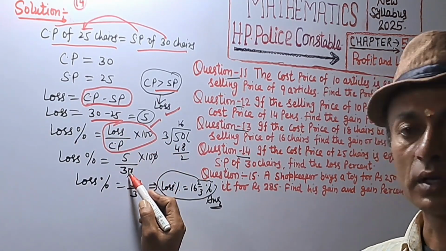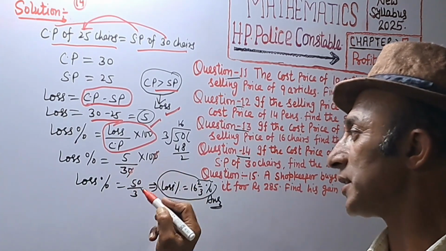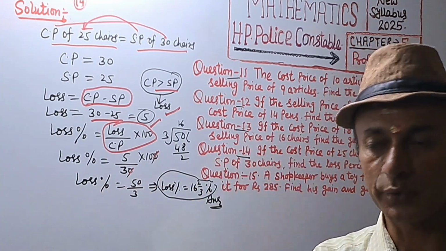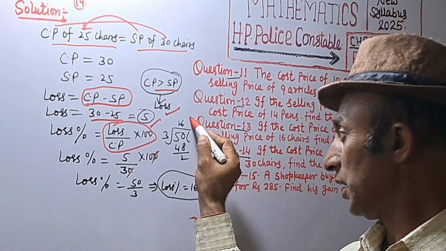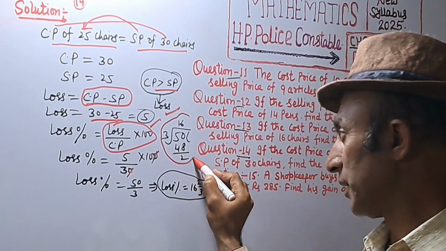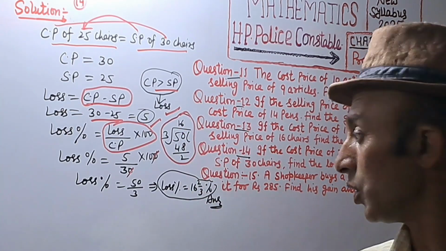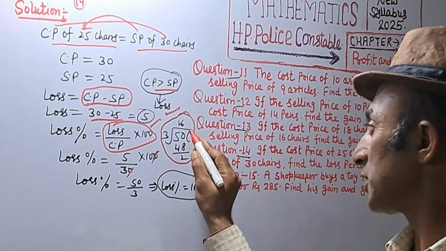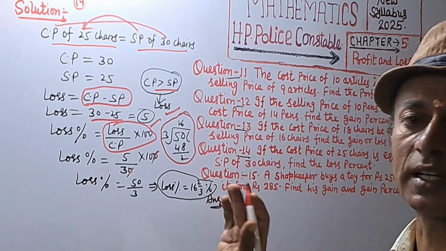Loss is 5 upon cost price is 30 multiplied by 100. 0 0 is cancelled, and we get 5 into 10, that is 50, and 50 divided by 3. In mixed fraction we get 16 3s are 48 and remainder is 2. So loss percent is 16 whole 2 upon 3%. Answer.